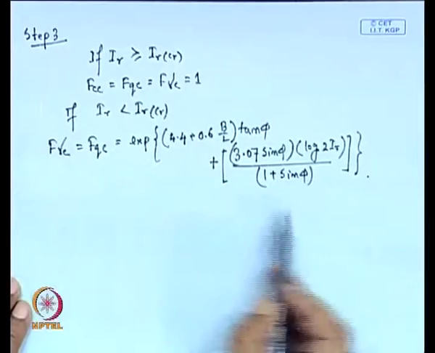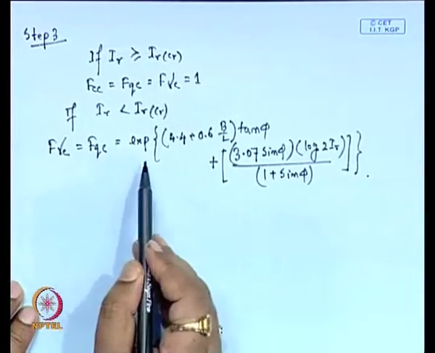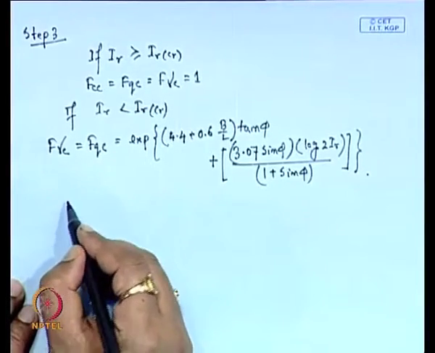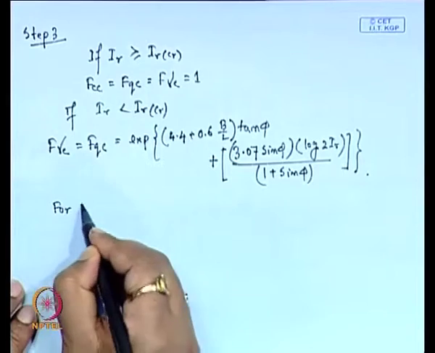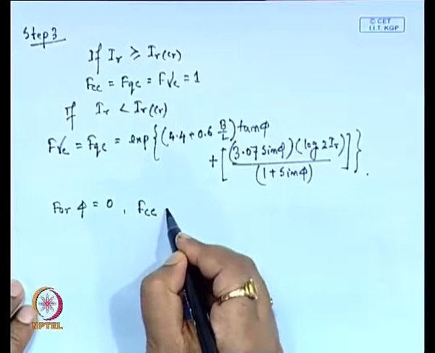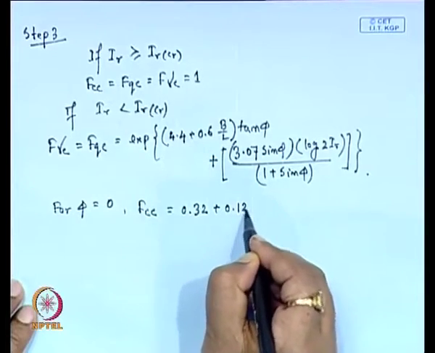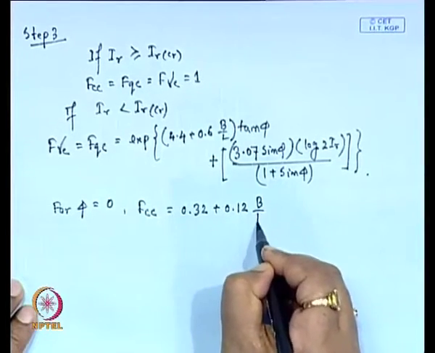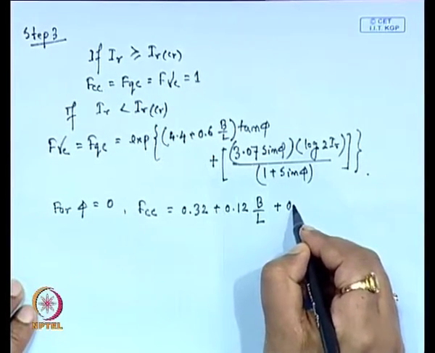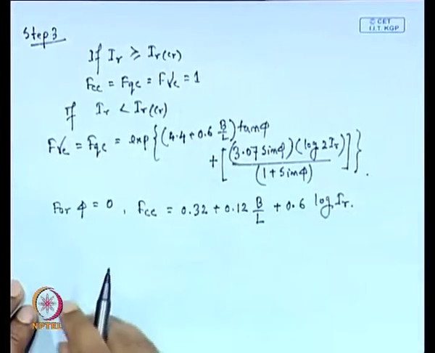So, this is the expression of F gamma C or FQC. Now, for phi equal to 0 condition, FCC is equal to 0.32 plus 0.12 B by L plus 0.6 log IR.